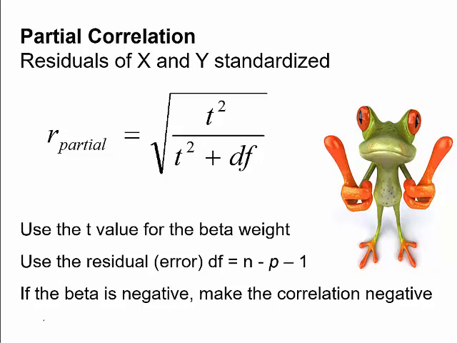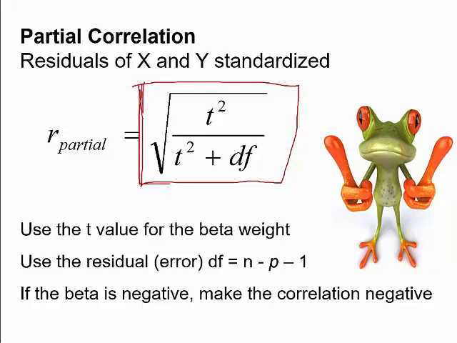In that case, I called it the point biserial correlation if I wanted to give it a fancy name. And the formula I gave you for the point biserial correlation was this exact same formula right here, where I took the t-value, in that case from my contrast comparing my two groups. I got a t-test and got my t-value and plugged that into this formula here and got my point biserial correlation from that previous unit.